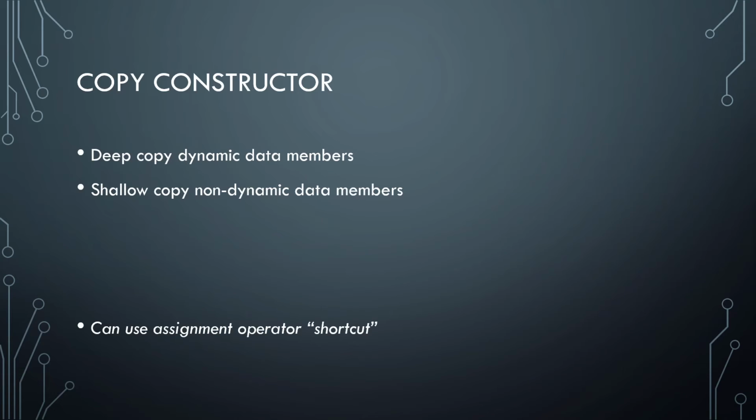Anything that's not a pointer can just be shallow copied. As we saw in the debugging lab, there is a shortcut to calling the assignment operator, which helps on code duplication. It means that we won't have to essentially write the same block of code twice. We can just have the copy constructor call the assignment operator.